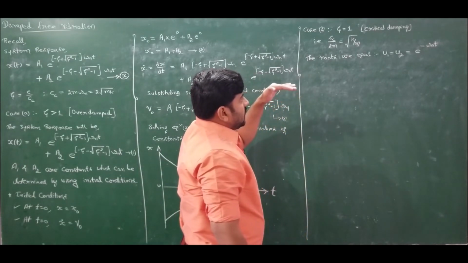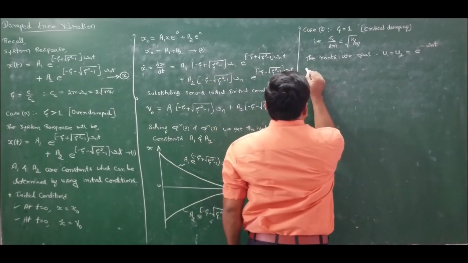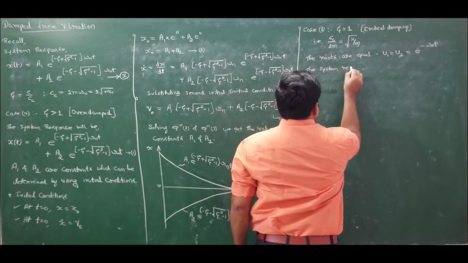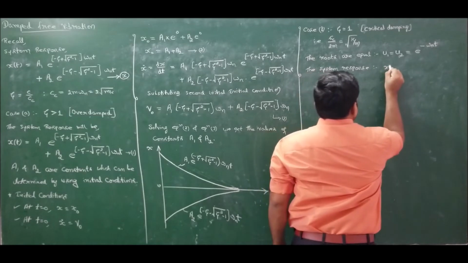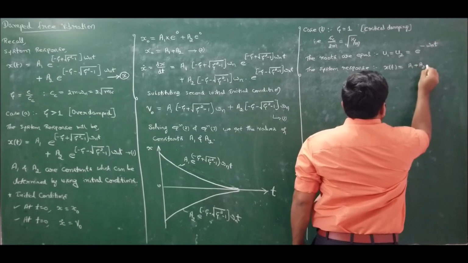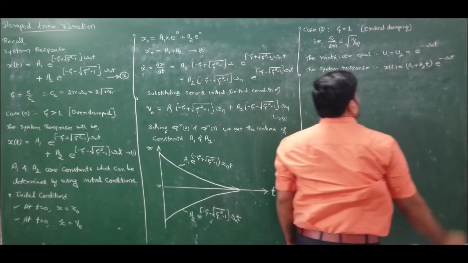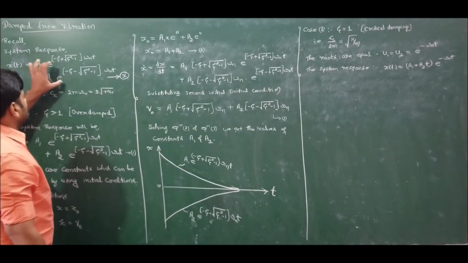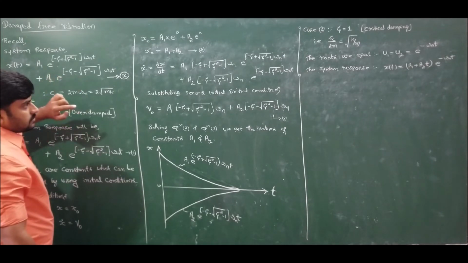Whenever we have the condition as roots are equal, then system response will be x of t is equal to a1 plus a2 t into e to the power of minus omega n t. You might ask me that if I take e to the power of minus zeta common, it will become a1 plus a2 e to the power of minus omega n t. Correct?